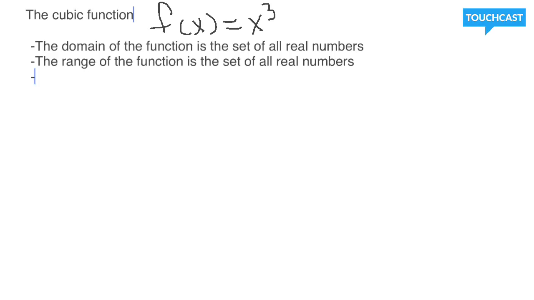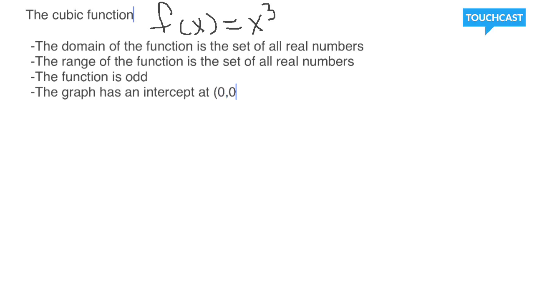When graphed, or even from just looking at f of x equals x cubed, we can tell that the function is odd. Most of our parent functions will have this in common. The graph has an intercept at the point 0, 0.